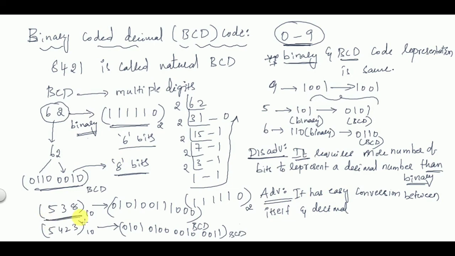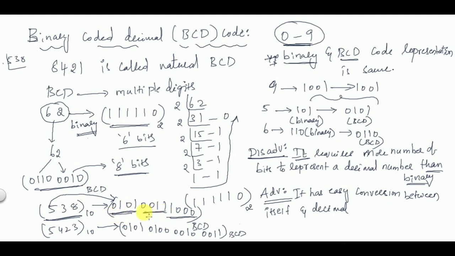Suppose if you want to represent 538 in binary, we have to do all these things: 538 has to be successively divided, and later you have to take the remainders in reverse direction. But if you want to represent it in BCD code, we are doing it very simply, just by writing each corresponding value. So 5 is represented 0101, 3 is represented by 0011, and 8 is represented by 1000. So there will be easy conversion between decimal and BCD, and of course from BCD to decimal also.